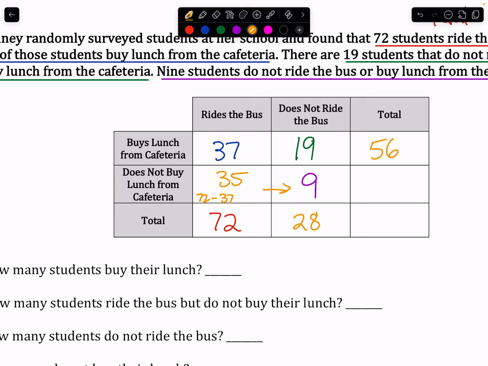Now we can add up across the row here. 35 plus 9 gives us 44. And at the very end, we can either add straight down or add straight across the bottom. Either way, if you did it correctly, you should get the same answer, which in this case is 100.